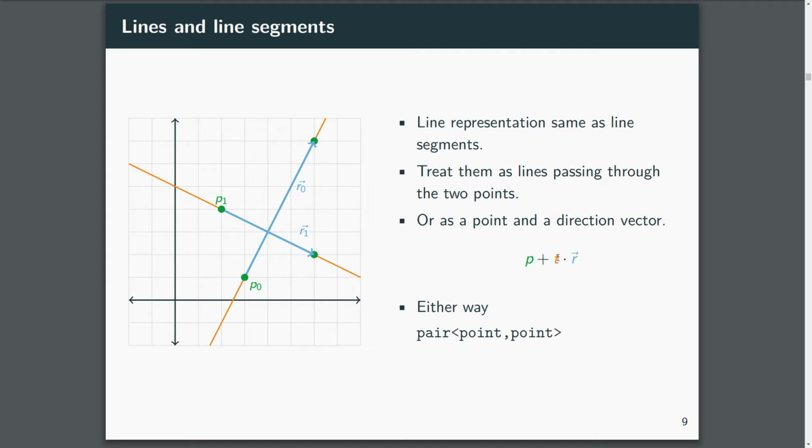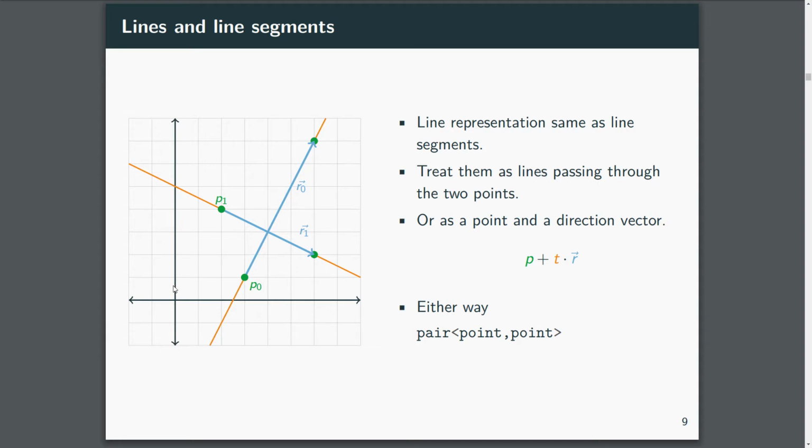So the t here is the magnitude, and the r is the direction vector. Usually what you do is you take this vector and normalize it so it is of length 1, and then you store the starting point and the direction vector. And the magnitude, I suppose, if necessary.